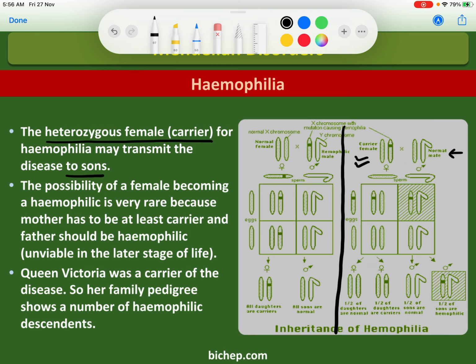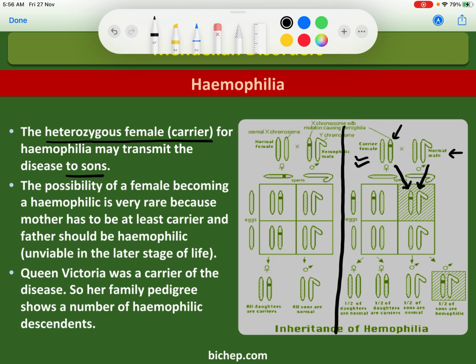So it is an X-linked character. It is the X chromosome with the mutation, so that X chromosome is given to the male, and from the father he gets the Y chromosome.